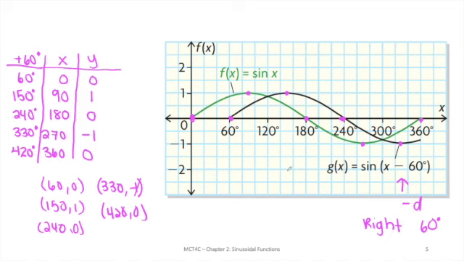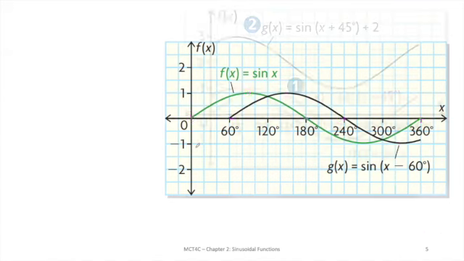So you could see we're going over 60, 0, and then over to 150 up to 1, 240, 0, 330 down to -1. And if our graph went further, we could graph that last one. Starting a little bit more simple with these two graphs, now we're going to get into one where we do both.